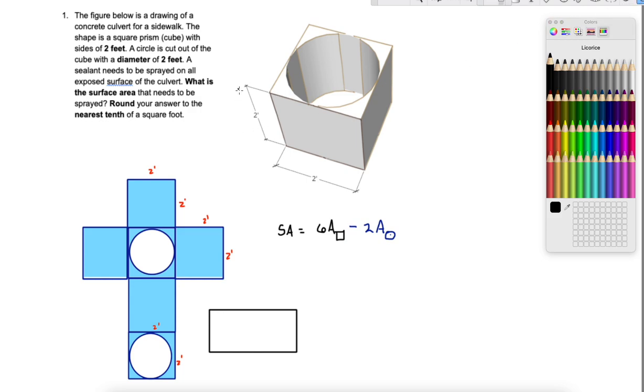So it's going to run the length of the cube, and it gets folded around this circle. So this length right here is going to be the circumference of that circle, and this length is the distance through which the hole is pushed through to the other side. So that's going to be 2 feet.